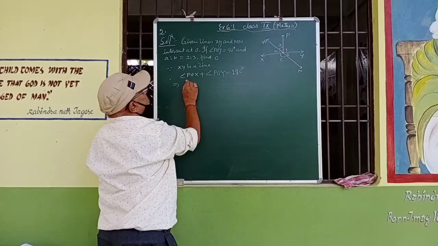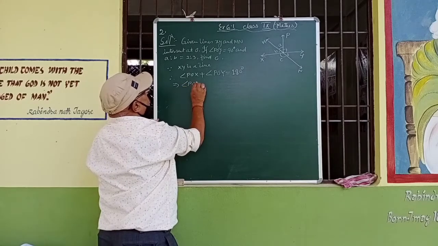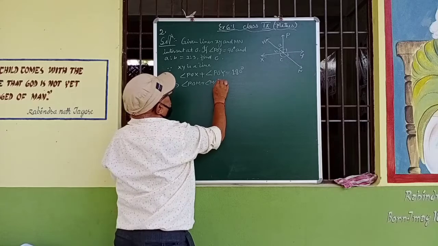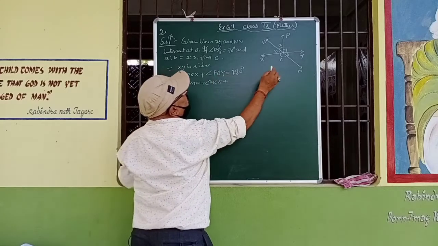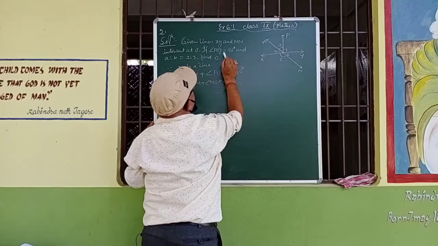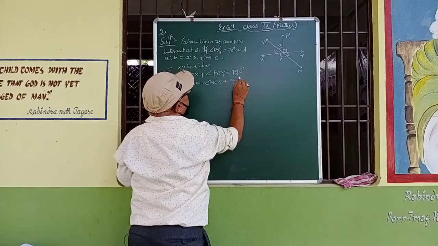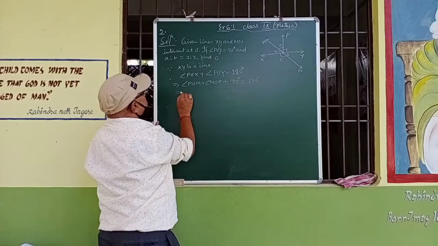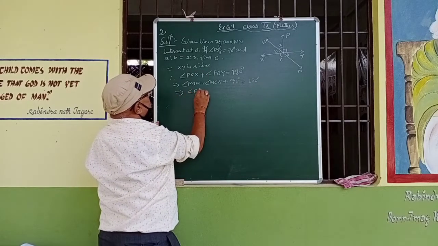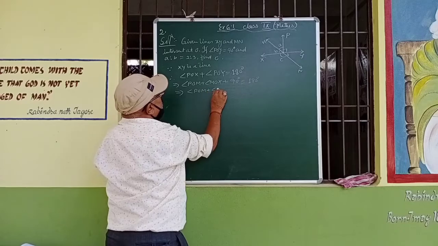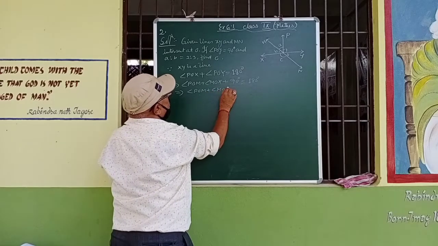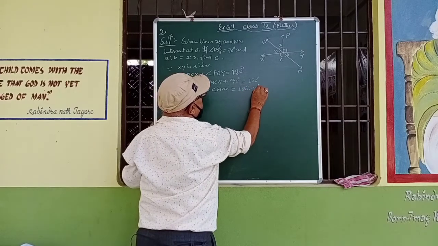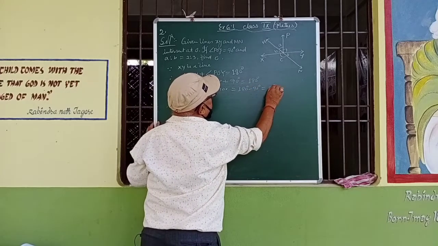So we can write this POM plus MOX plus POY. POY is given 90 degree. POM plus MOX is equal to 180 minus 90 is equal to 90 degree.